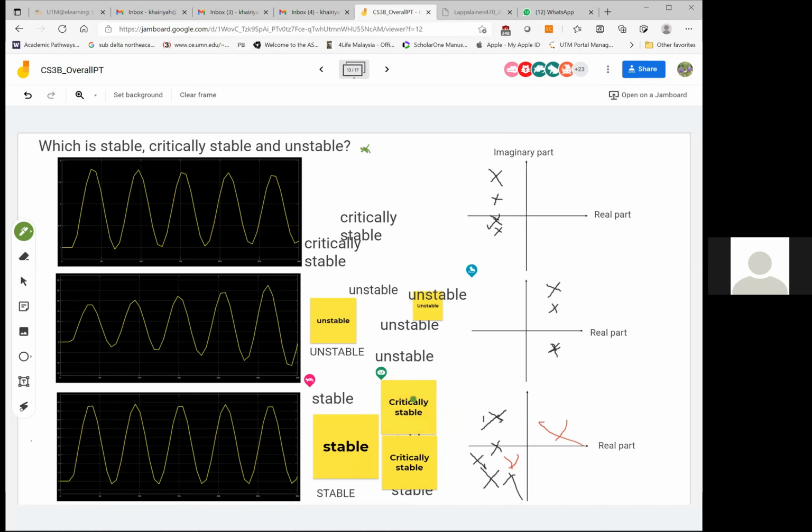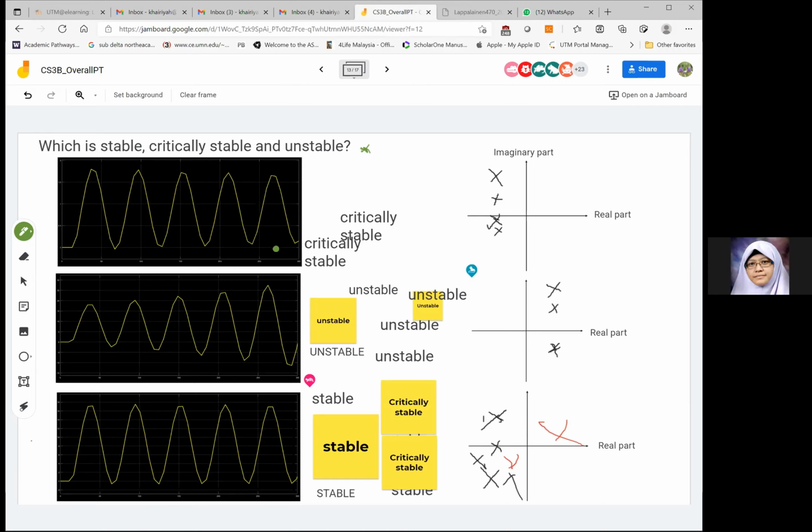I don't know how to differentiate between both. The top one and the bottom one. Both I think are stable, but I don't know how to differentiate.